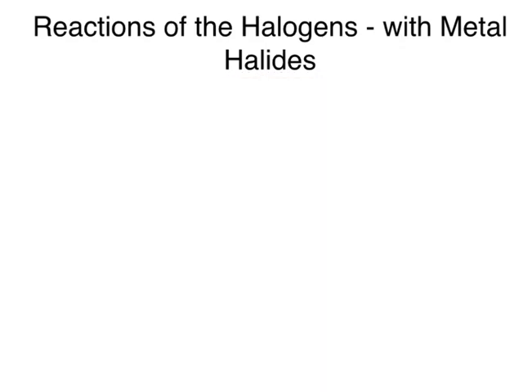So let's have a look at the reactions. Okay, so let's look at the first reaction from that table then. That was potassium bromide, which would be 2KBr plus Cl2.